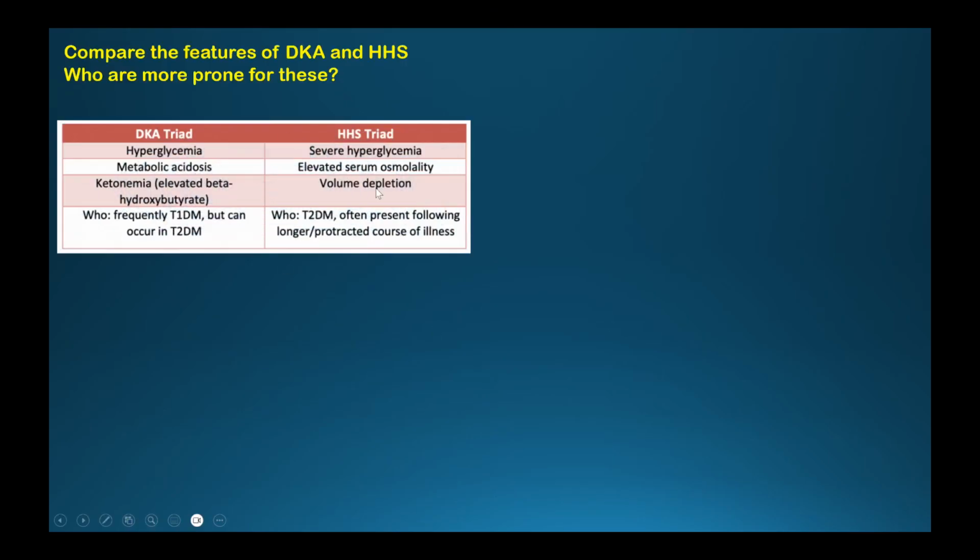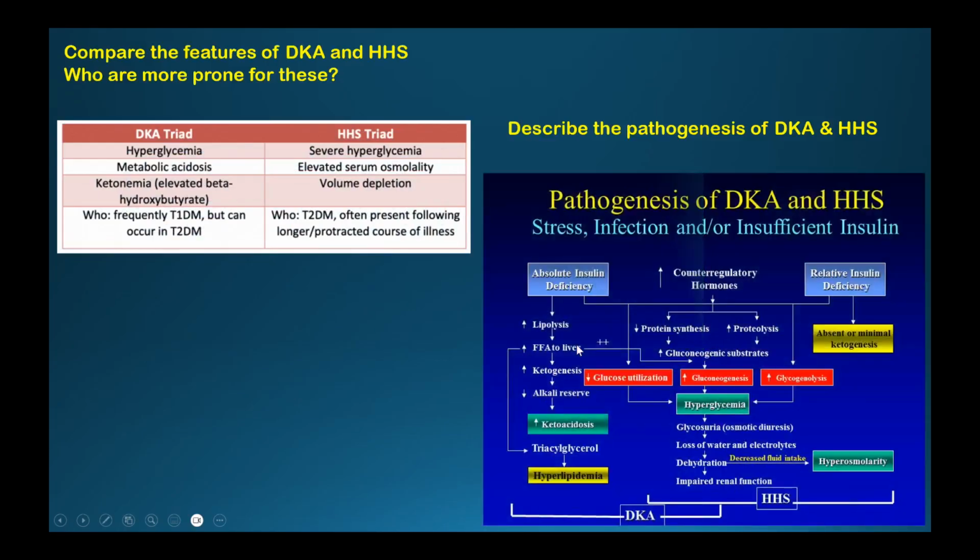The triad for these two, I have shown in the earlier slide. The pathogenesis of DKA and HSS: both are caused by stress, infection, insulin insufficiency, and an increase in counter-regulatory hormones. An absolute deficiency of insulin causes lipolysis, free fatty acids, ketogenesis, decrease in alkali reserve, ketoacidosis, and hyperlipidemia.